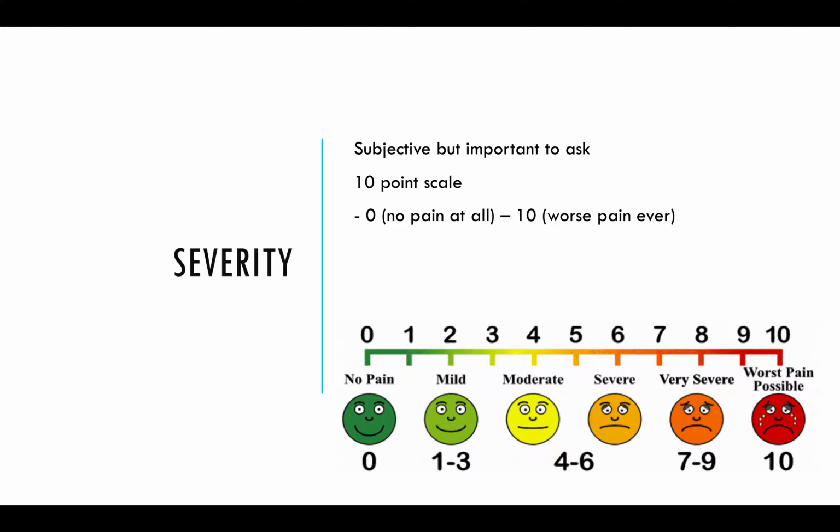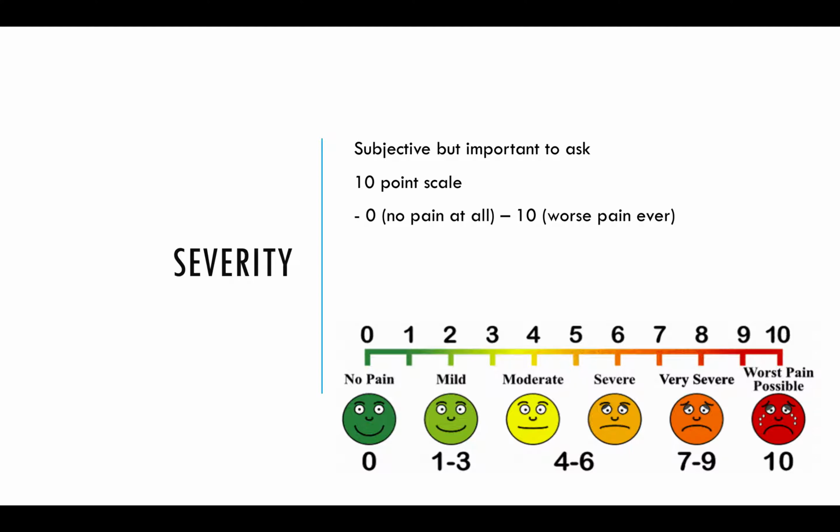It's important to then use it as a scale on which you can base your improvements. And if you feel like you're not getting the best answer out of people, particularly for some younger people, I say 0 is absolutely no pain and 10 is that a shark has just ripped your arm off. Being a little bit over dramatic to try and get the point across that 10 is the worst pain you can imagine.